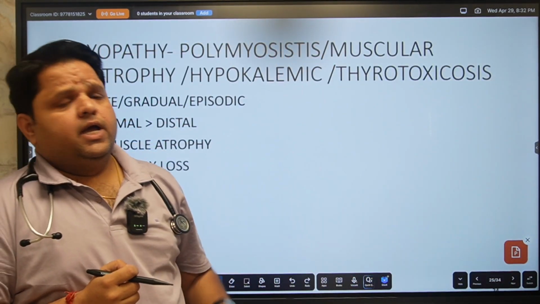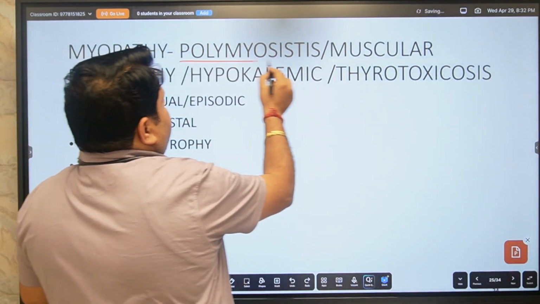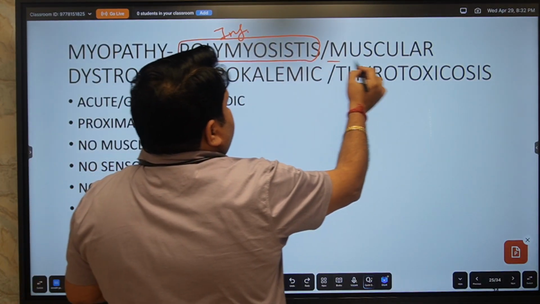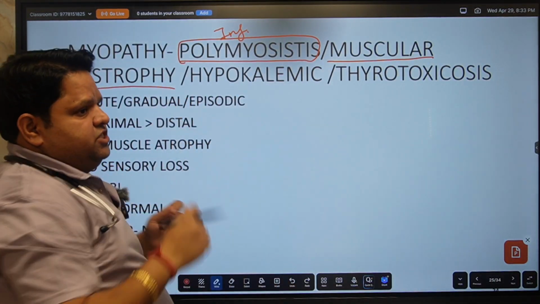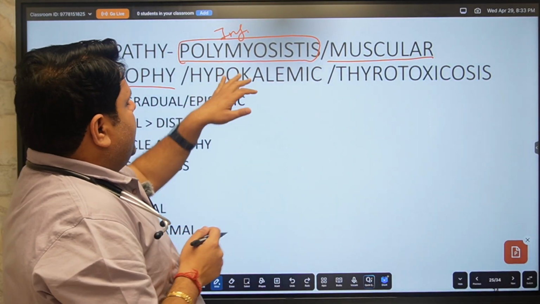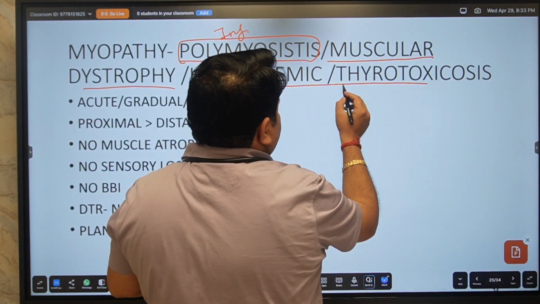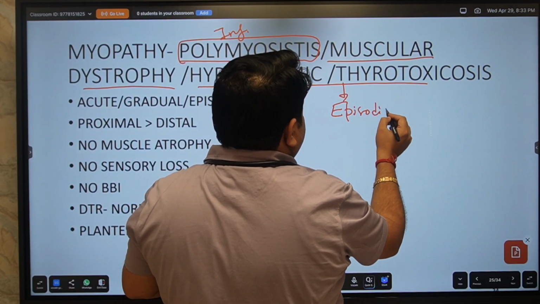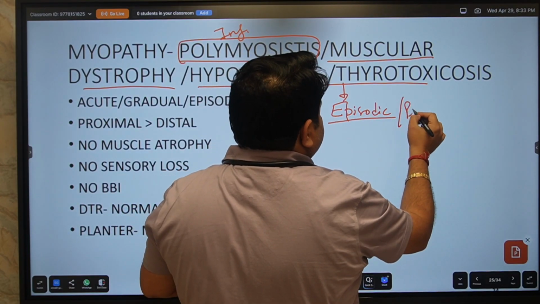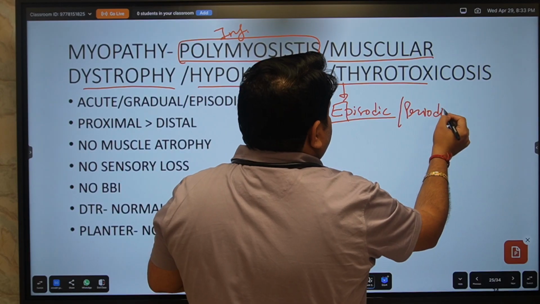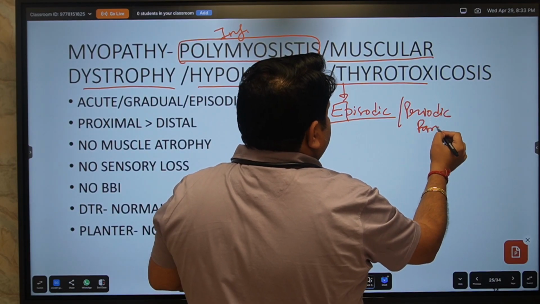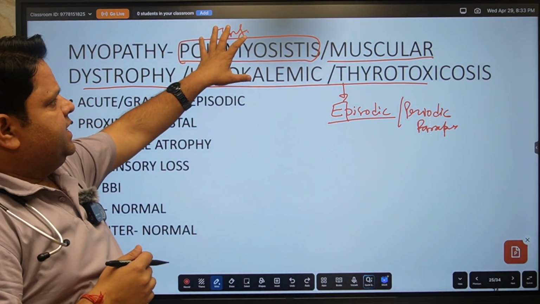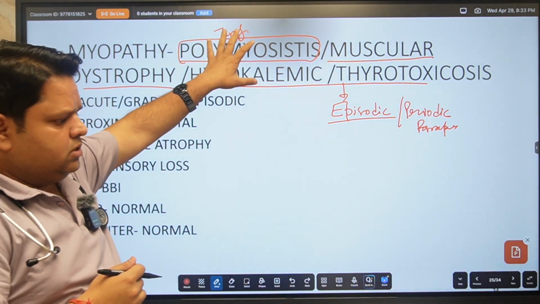Then myopathy. In myopathy, we have polymyositis, the inflammatory myopathy group. We have muscular dystrophy. These are genetic or hereditary types of myopathy, and hypokalemia and thyrotoxicosis cause episodic weakness, episodic or periodic paralysis. So for myopathy, acute onset, polymyositis may be the cause.